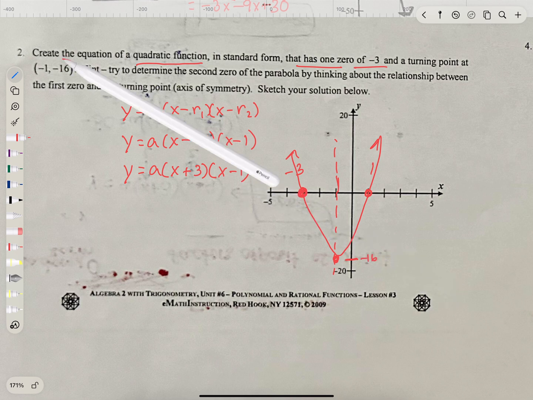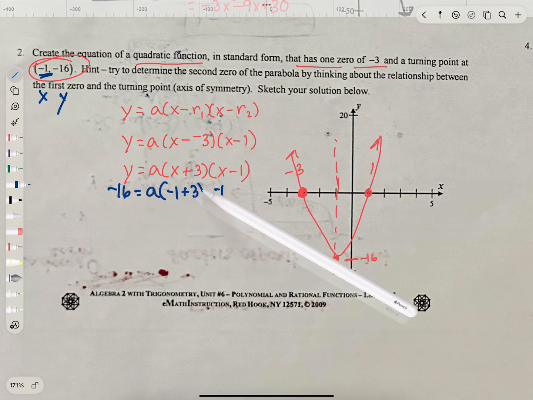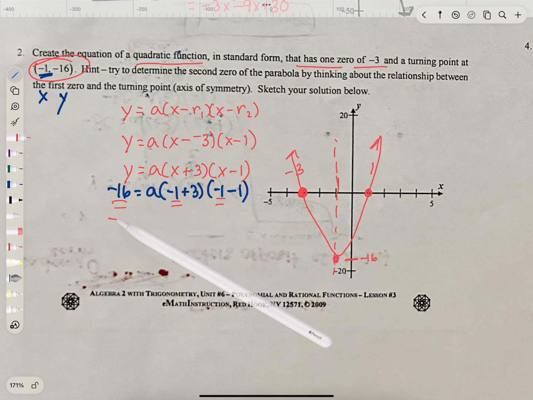Now I just have to plug in this turning point, the extra point they gave me. That point just tells me when x is -1, y has to be -16. So I put a -1 in for those x's, and my y has to be -16. All I plugged in was what y would have to be when x is that number. Now I just do the math.